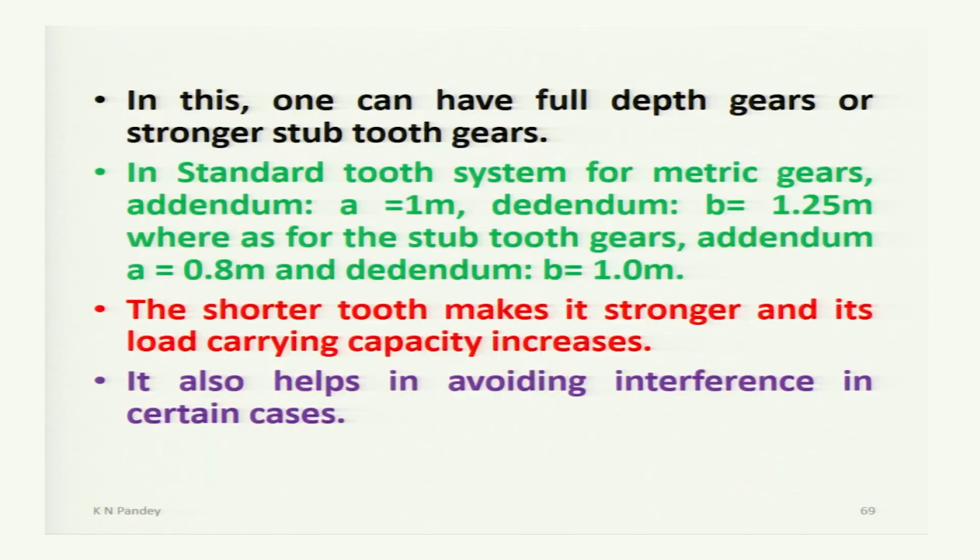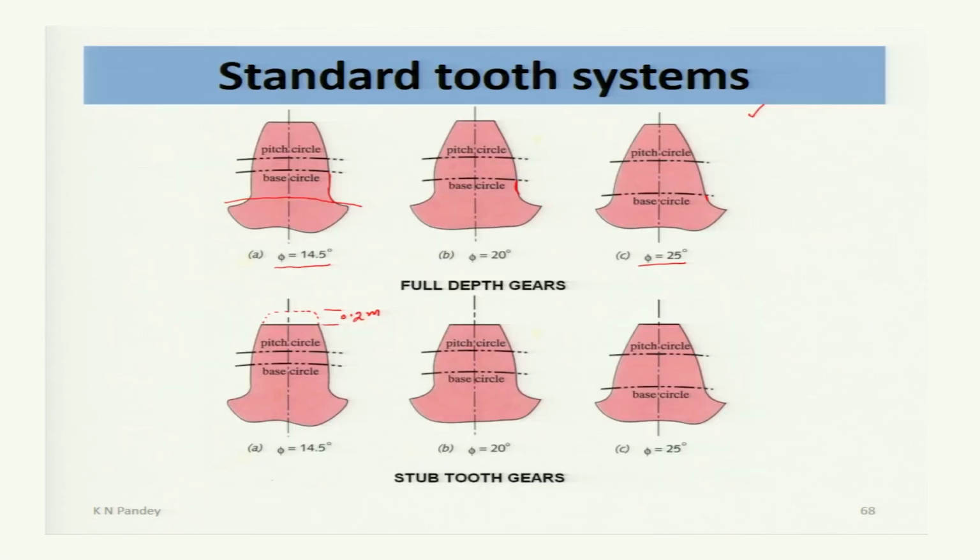Now one can have full depth gears or stronger stub tooth gears. Why is it said stub tooth gear is stronger? We are reducing the overall height of the gear tooth, and so when the transmitted force acts on it, the bending arm will be smaller for this case, and so it will be stronger.